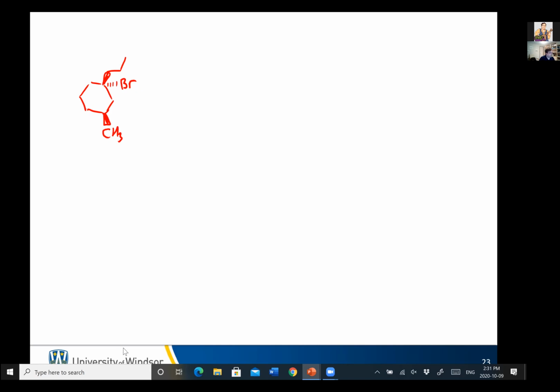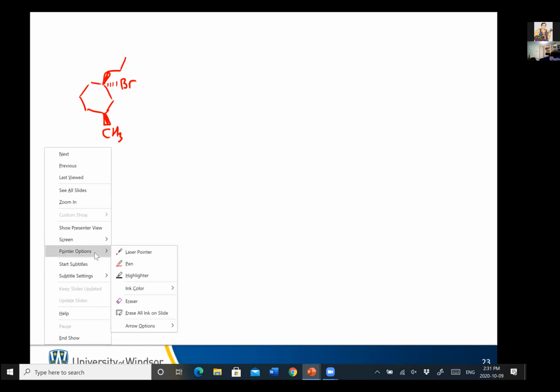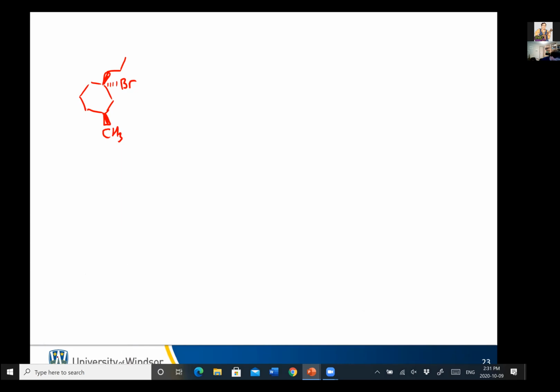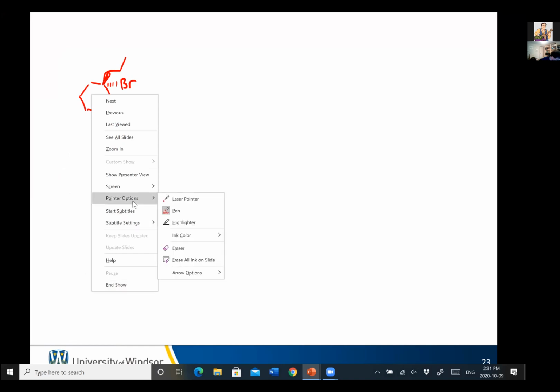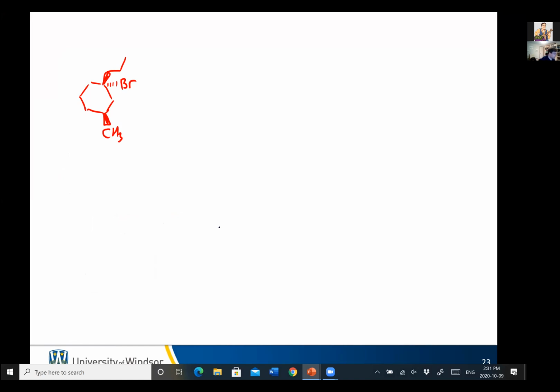So, oops, that's not what I wanted to do. Why is my taskbar coming up? Sorry, I'm obviously having technical difficulties, which is completely normal. For some reason my taskbar is blocking my instructions, so I can't change that.